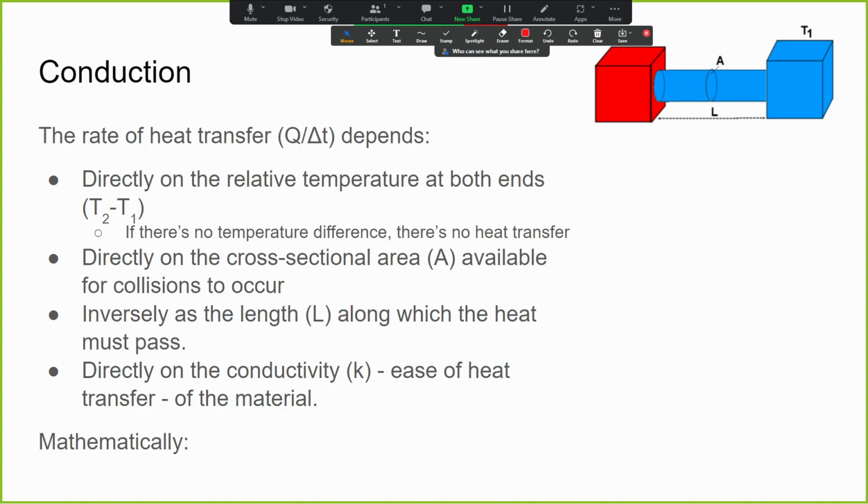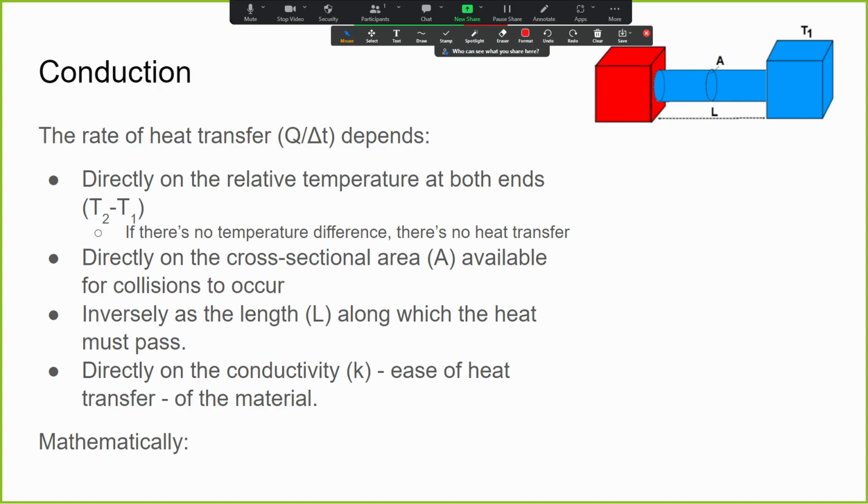It's also going to depend directly on the cross-sectional area available for collisions to occur. Depending on how much area is available, the rate at which heat can transfer increases, because the molecules have more space to collide and transfer heat. It is inversely proportional to the length along which the heat must pass.